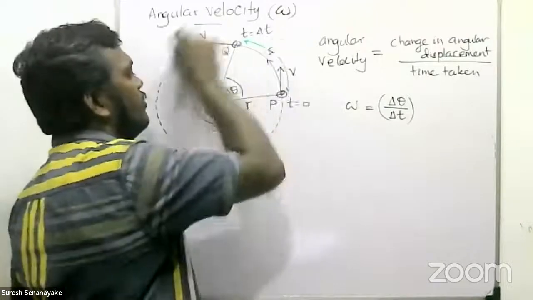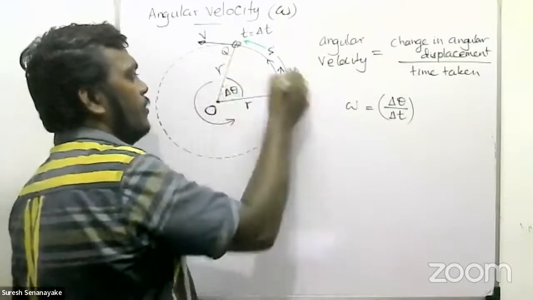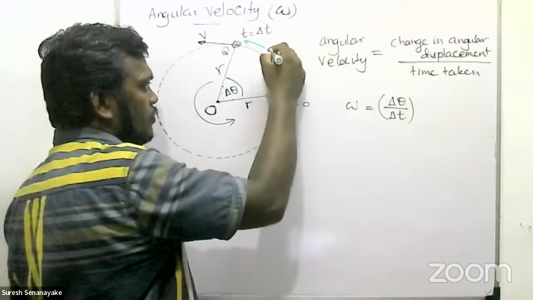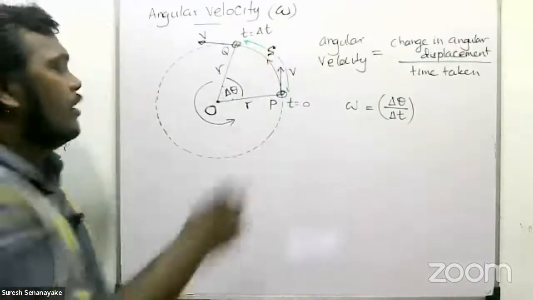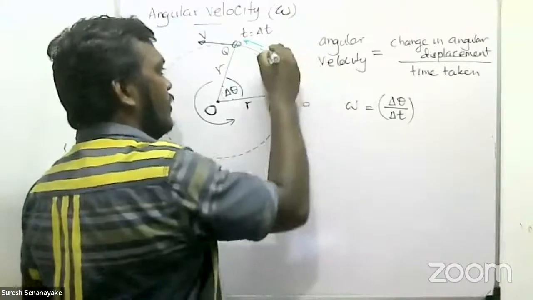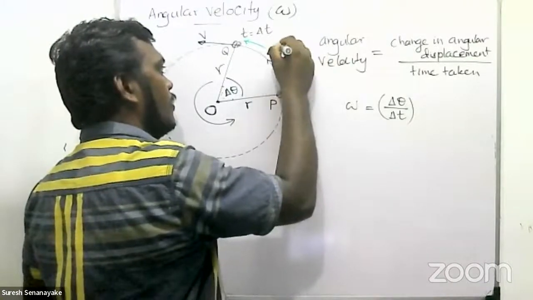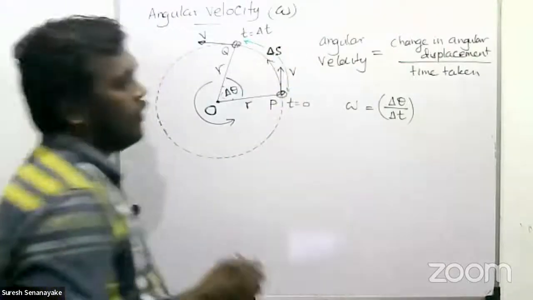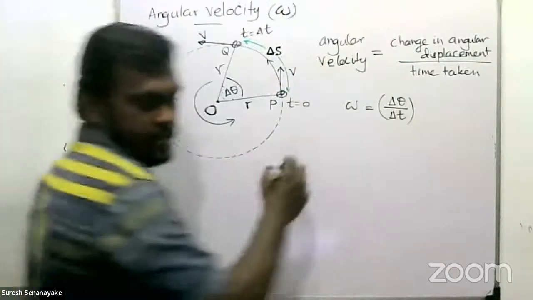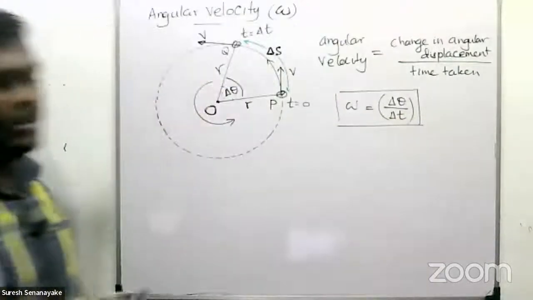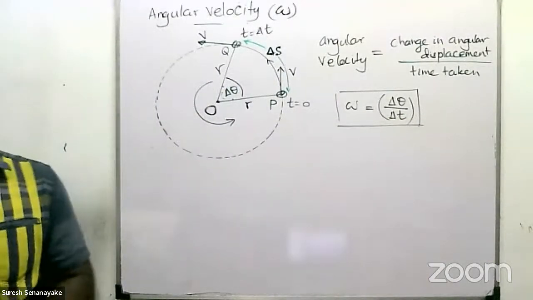The linear velocity moving in this way, let's say v. The distance traveled in this way, let's say delta s. You can write this as the equation: omega equals delta theta over delta t, right?